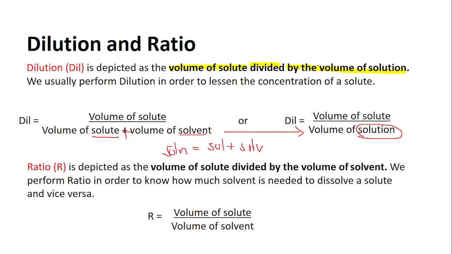So, for example, to have a different example so everyone can relate, let's assume we have Tang, a water jug, and the Tang is still in powder form. Then let's add water.